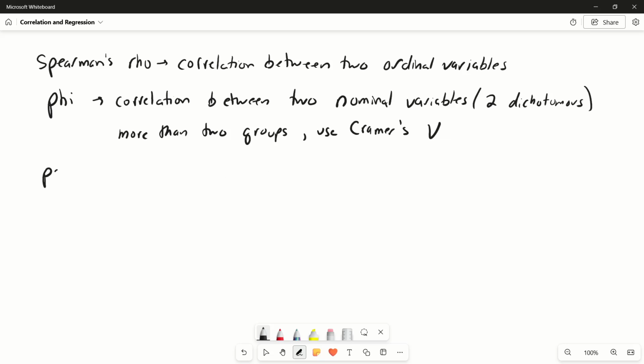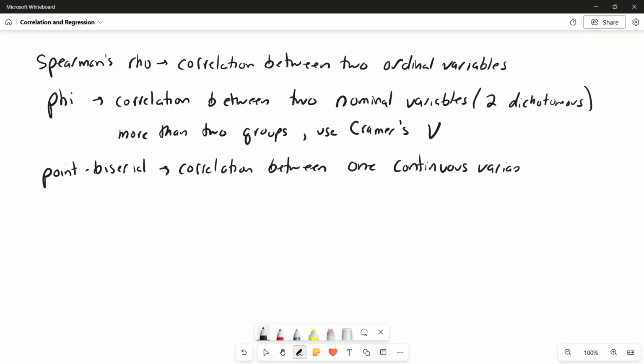You also have something called a point biserial correlation. The point biserial correlation is a correlation between one continuous variable and one dichotomous variable, a 0, 1 variable.